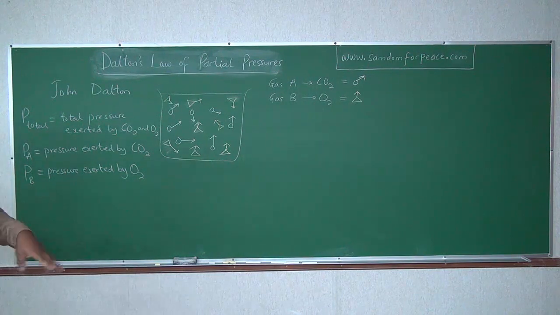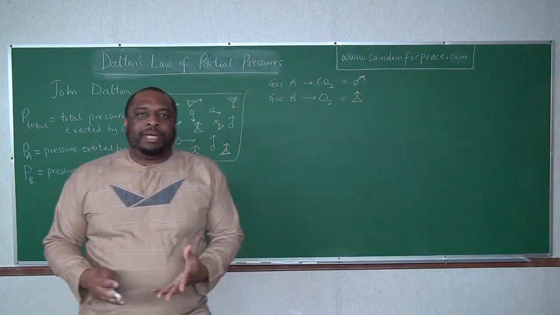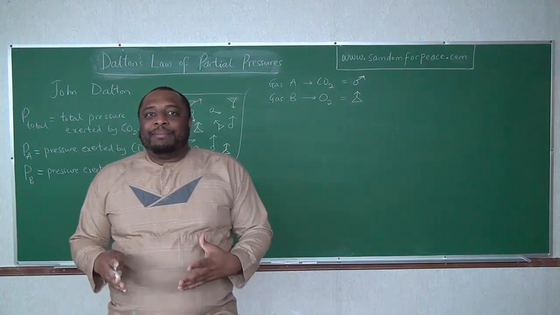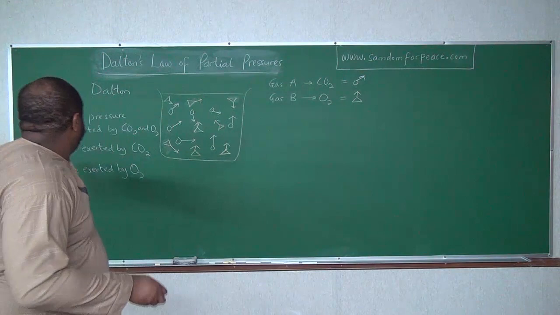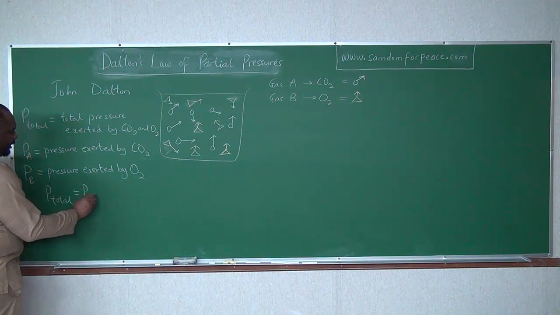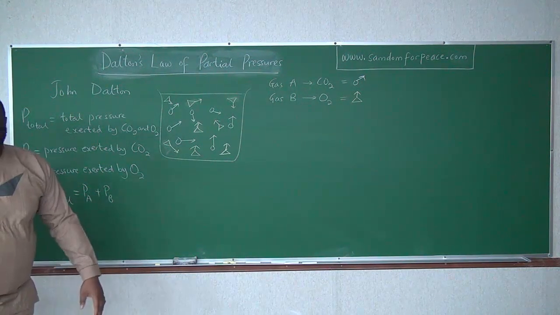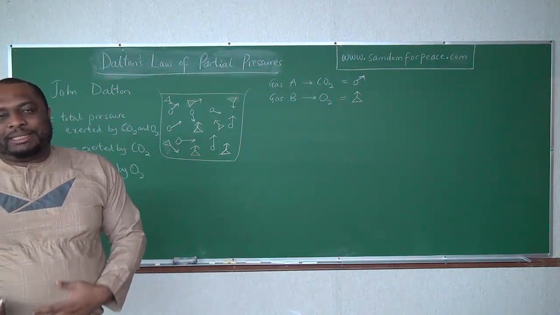So you have it in a closed container. The gases do not react chemically together, at room temperature or at any temperature at all. It's saying that the total pressure, P total, exerted by the mixture of the gases is the sum of the partial pressures, which are the pressures of the individual gases.